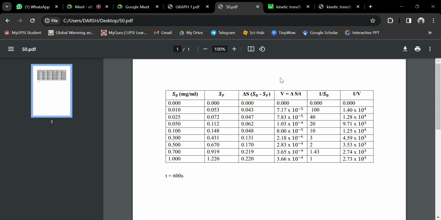So when we put S0 minus SF, meaning that the initial starch concentration ialah S0. SF ialah the remaining of starch. The remaining. Maksudnya kalau misalnya let's say SF tu ada 10 glucose. Just assume lah ada 10 glucose.